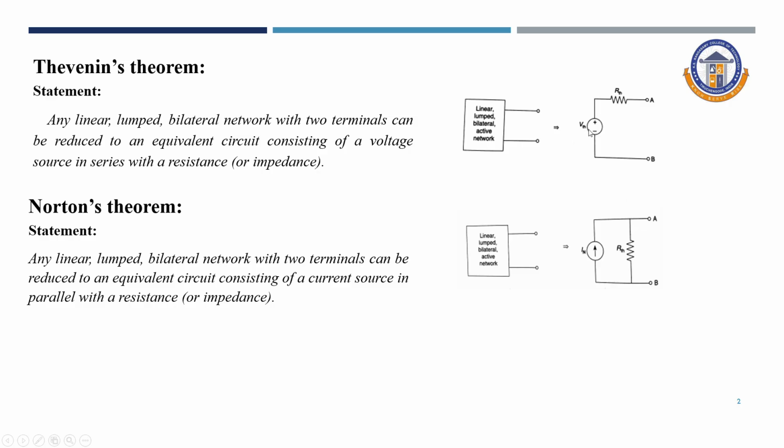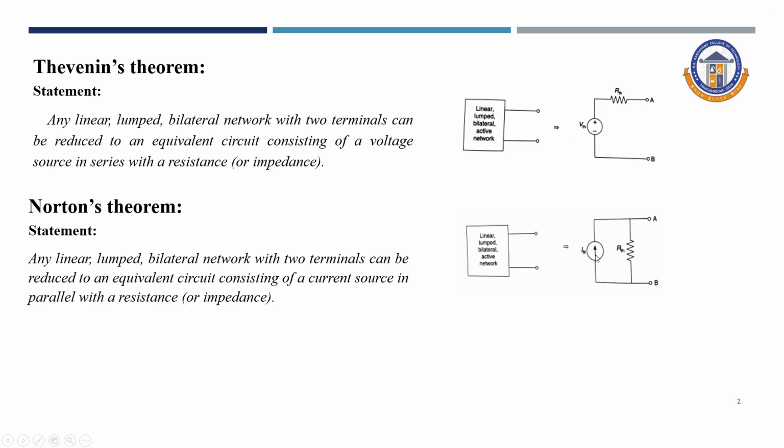Here the voltage source is the Thevenin voltage, sometimes called the open circuit voltage, because we measure the Thevenin voltage under the condition of open circuit. The point where we measure is the open circuit, V Thevenin or open circuit voltage.